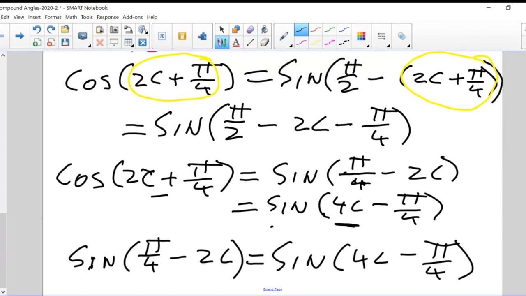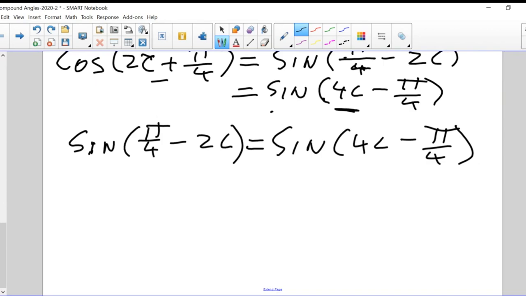Now, when all these things are equal, we can make the very important observation that we have sine on the left and sine on the right. Does anybody know what we can do in the very next line?